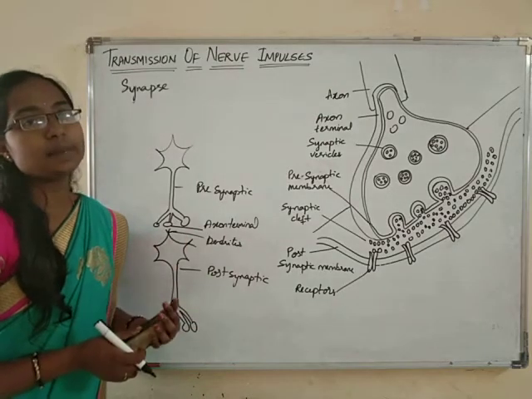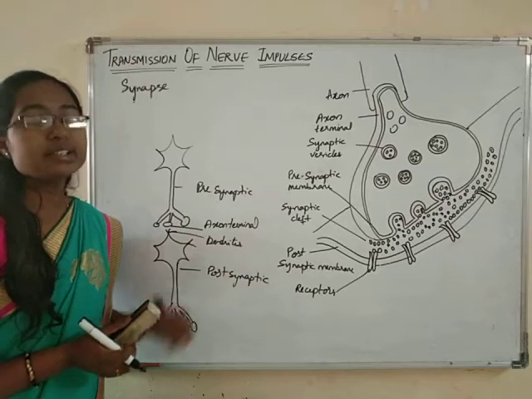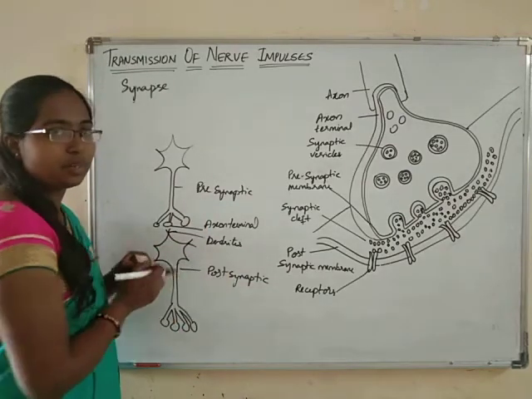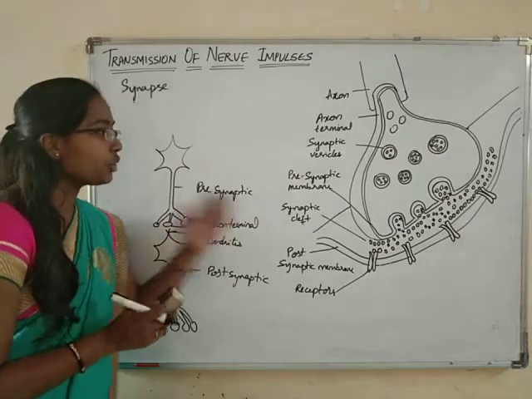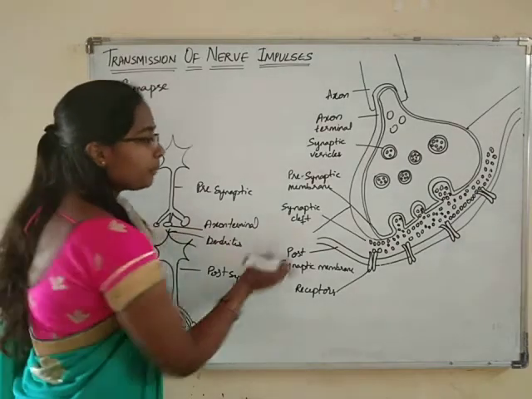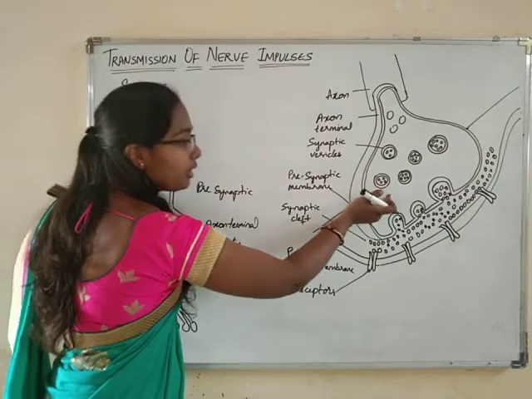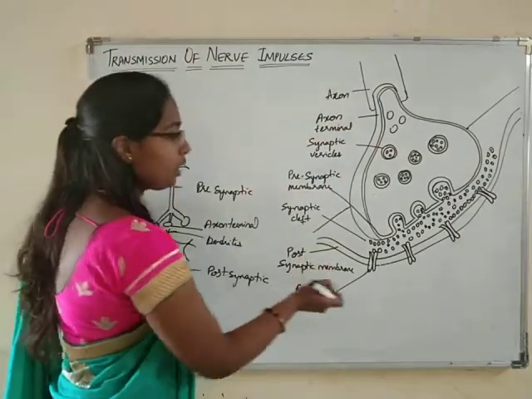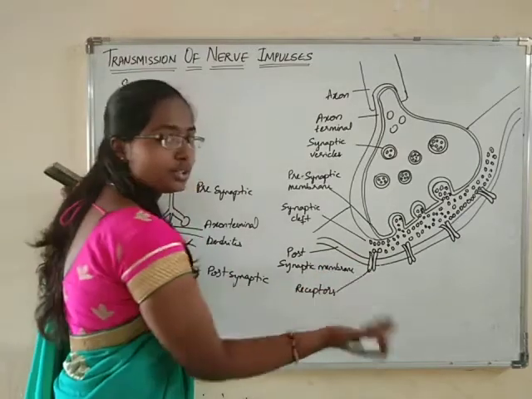And what does a synapse contain? A synapse contains the membranes of the presynaptic neuron and the postsynaptic neuron. Here is the axon terminal of the presynaptic neuron, and this is the membrane of the postsynaptic neuron.